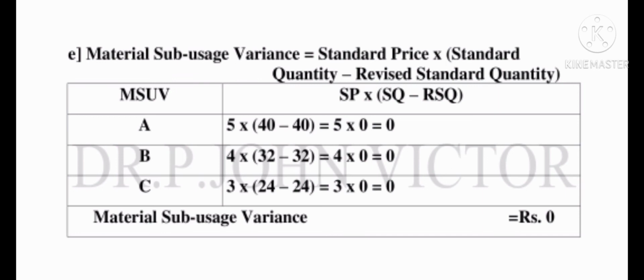Do you know when we get a difference here? Only when the total weight of the actual mix and the total weight of the standard mix are different from each other. When both are the same, we get 0 value. So finally the material sub-usage variance is rupees 0.